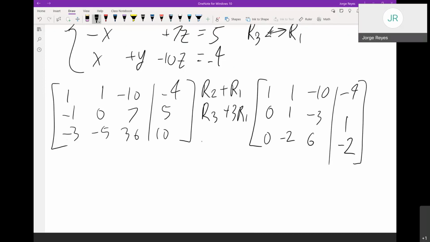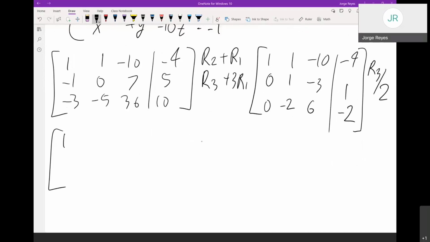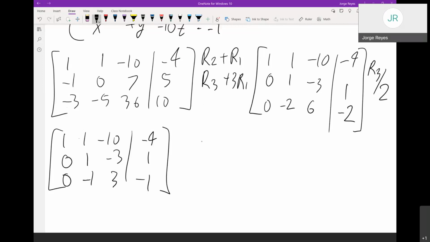And then I'm going to divide row 3 by 2. So 1, 1, -10, -4, 0, 1, -3, 1, 0, -1, 3, -1.